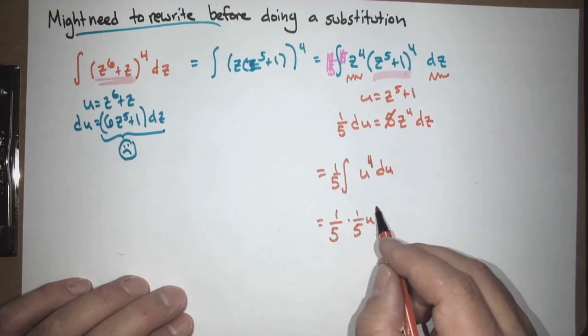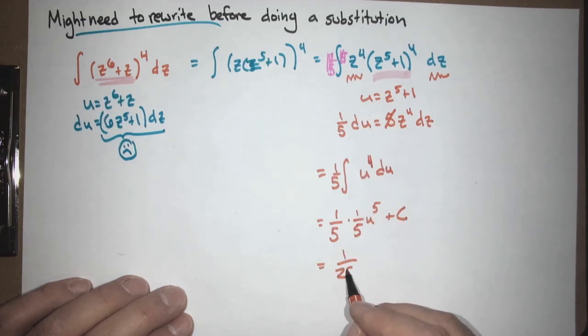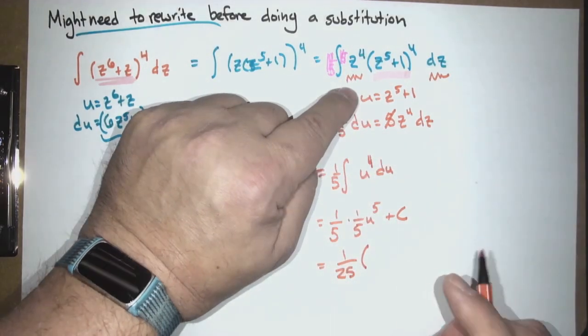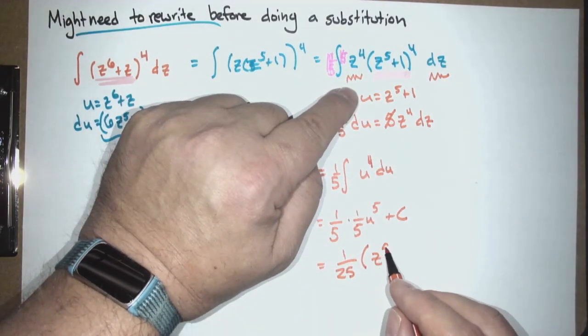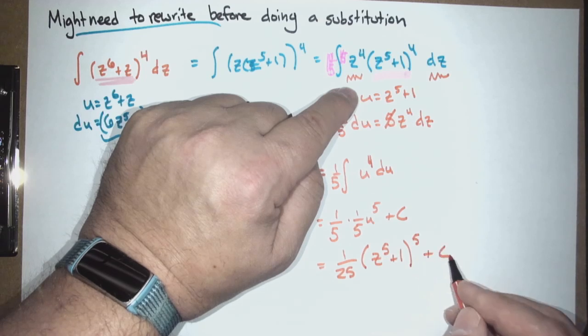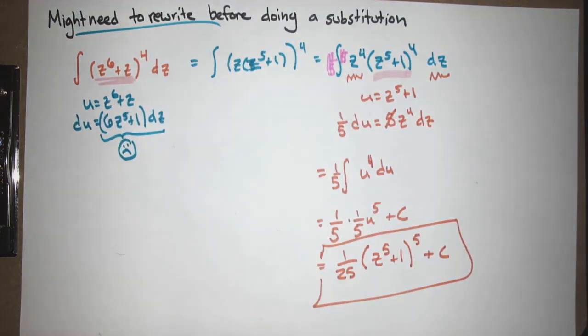One-fifth u to the 5th. Well, a 5th times a 5th makes a 25th. And then we say, well, what's u? z to the 5th plus 1. And then we're done.